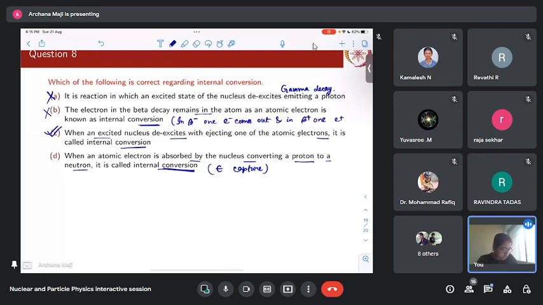So the internal conversion is option C, when an excited nucleus de-excites, ejecting one of the atomic electrons. That process is called internal conversion.